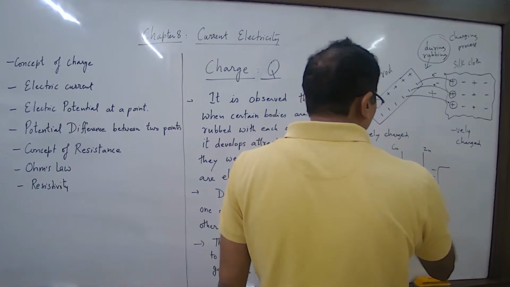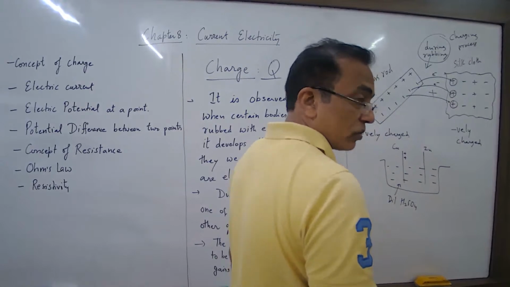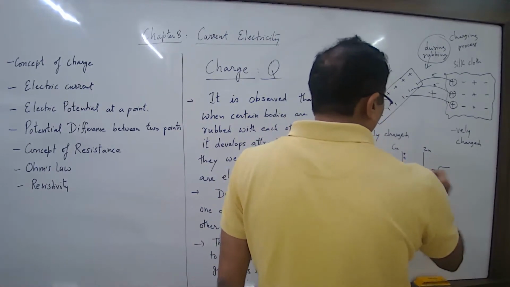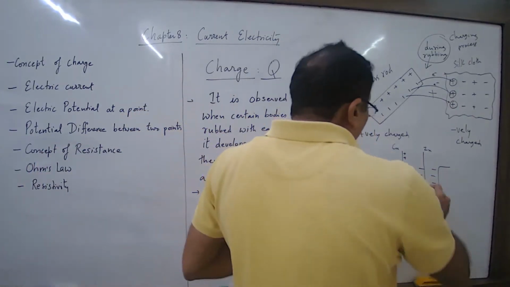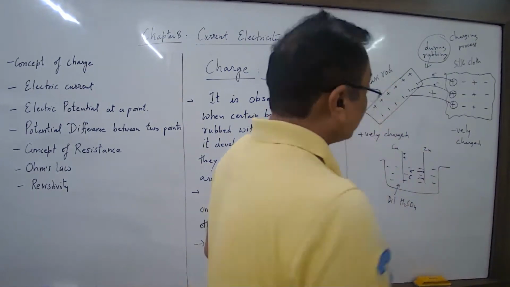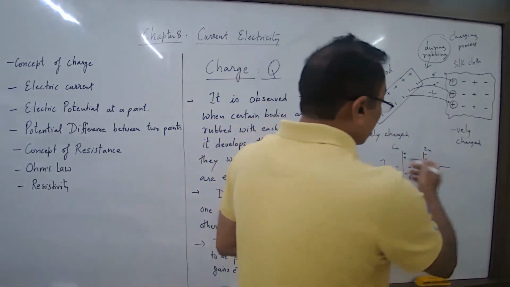Then copper loses electrons, so it will become positively charged. The electrons came here. Now they get deposited on zinc, again through a chemical reaction. So this becomes negatively charged. So you have a cell.